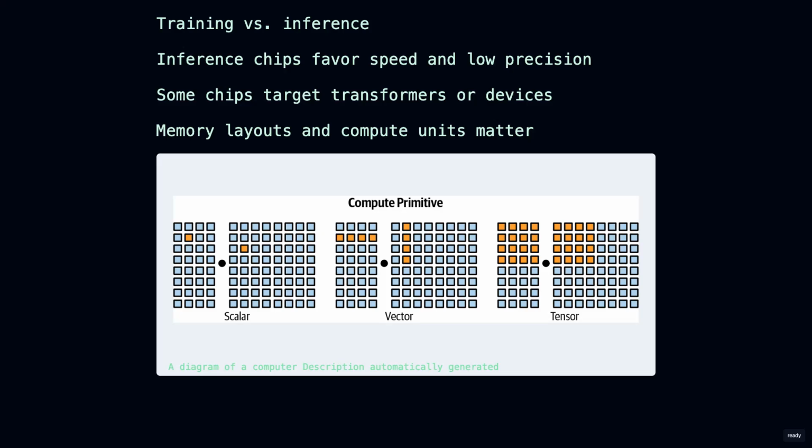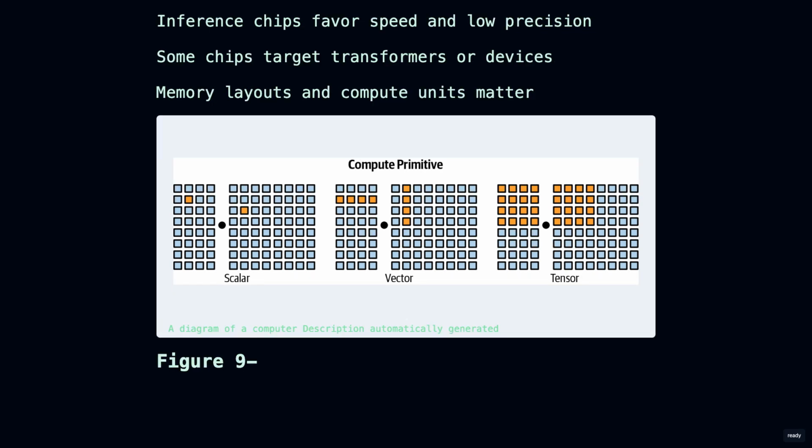This diagram is here to remind you that hardware is layered. The important thing is to notice that different parts of the system are built for different kinds of computation and storage. This figure shows the basic building blocks of computation.